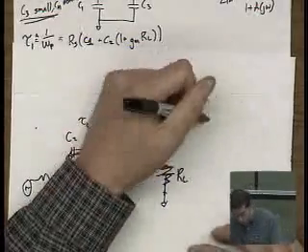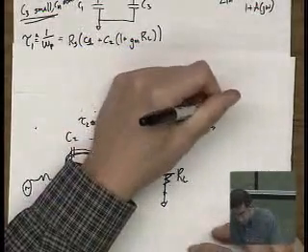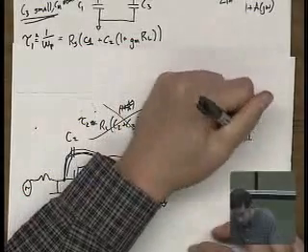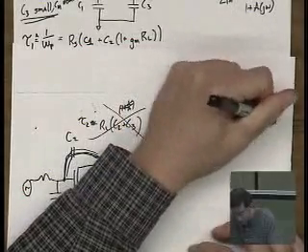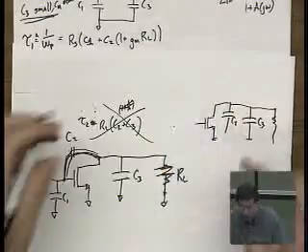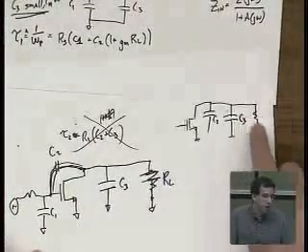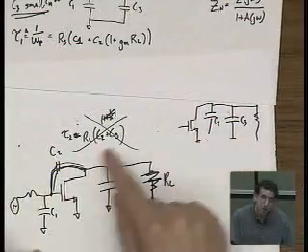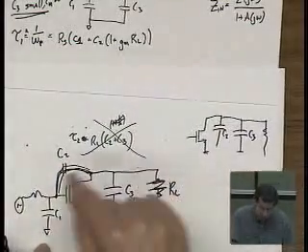If all you were to do was this, C2, C3, RL, that means when you twiddle this node here, you don't get any changes over here. But that's not true because this capacitor provides a direct propagation path from the output back to the input.